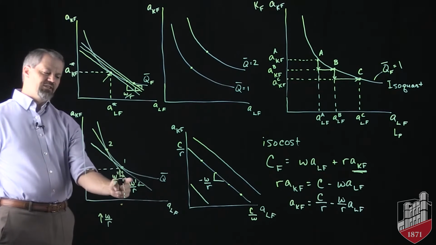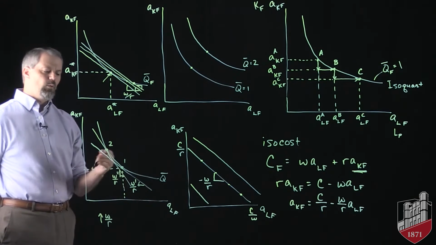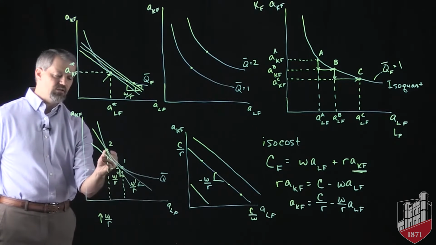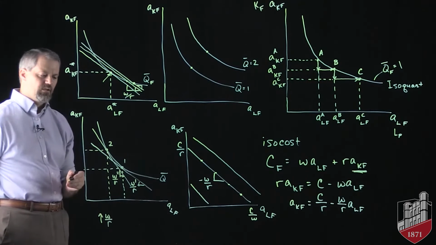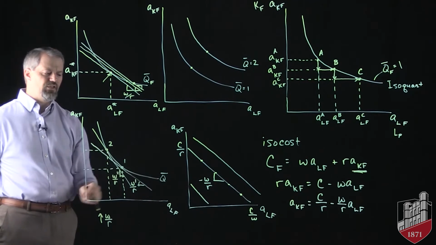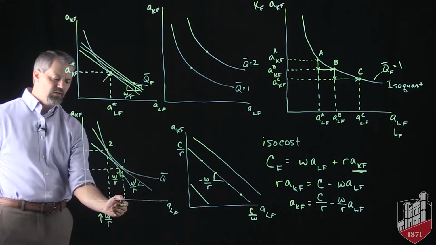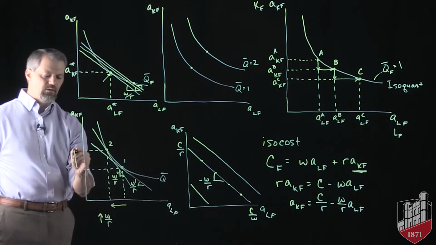So if the relative wage goes up, what we see is that the optimal combination of labor and capital to use to produce that quantity of output now includes less labor and more capital.